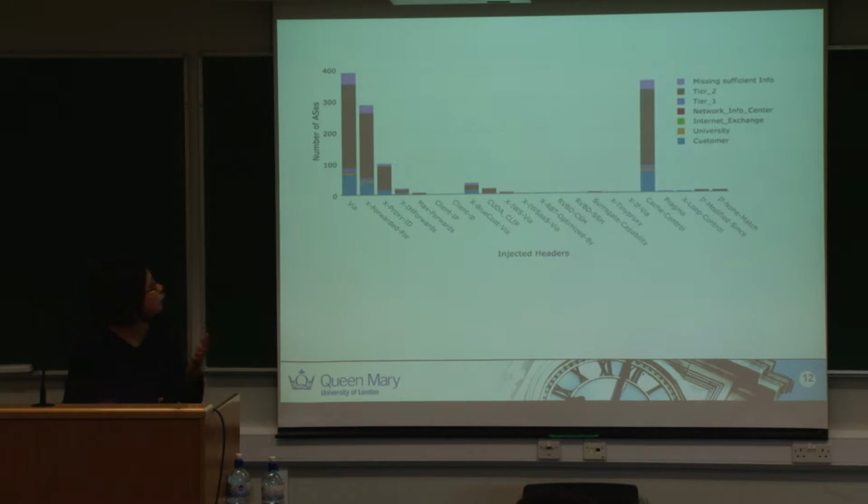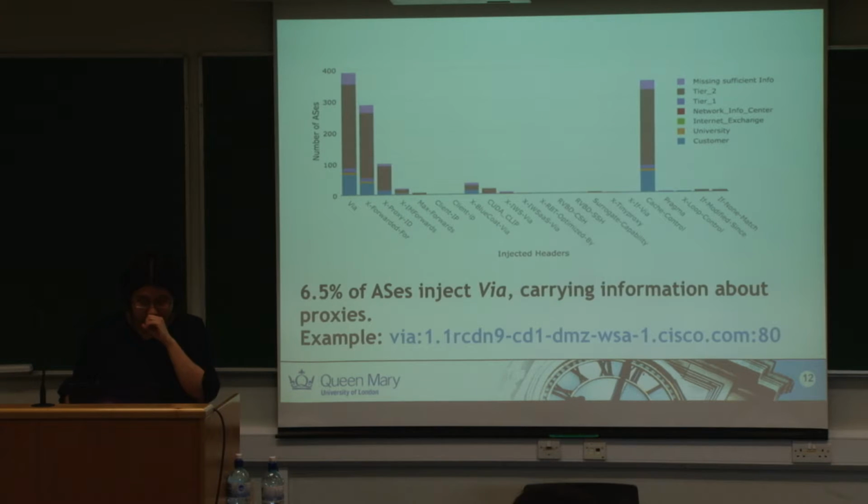And because some of the ASs are unclassified, the accurate number of involved ASs and countries are listed in the table of our paper. And we found that nearly 65% of ASs injected Via, and Via is the most popular injected header related to proxy functions.